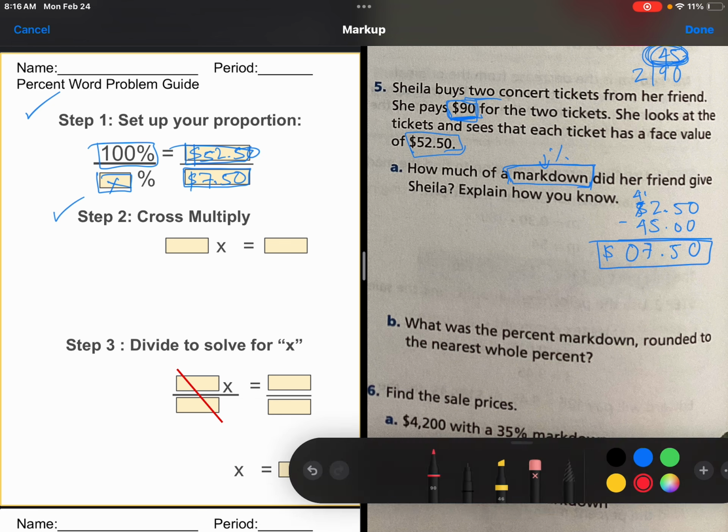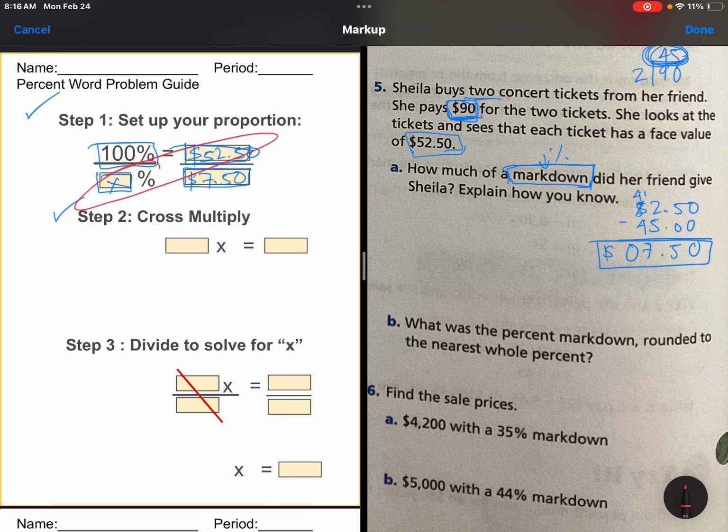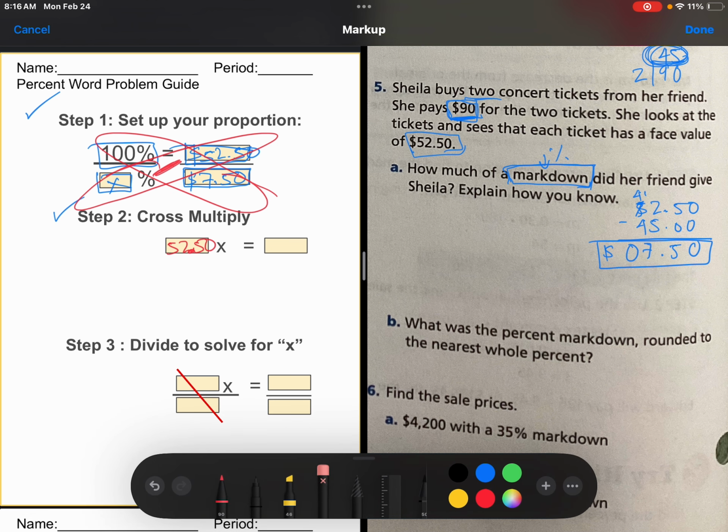I'm going to do my butterfly method here. First step, multiplying 52.50 times x. It's a little crowded, so I don't want to confuse people, so I'm going to rewrite that number, 52.50x.